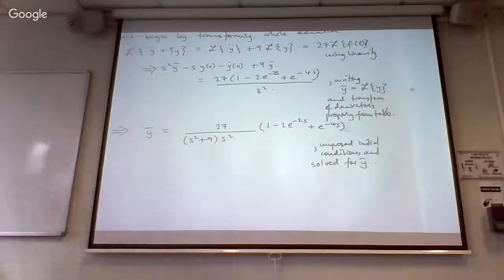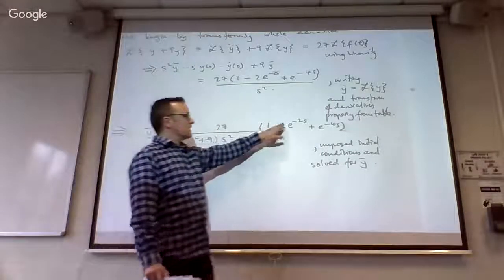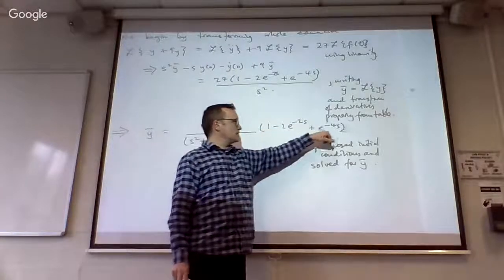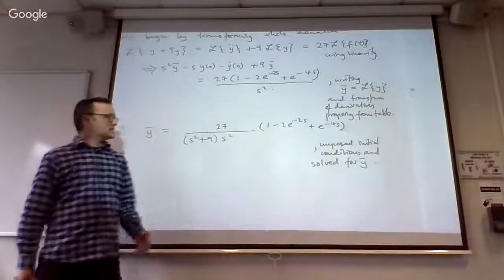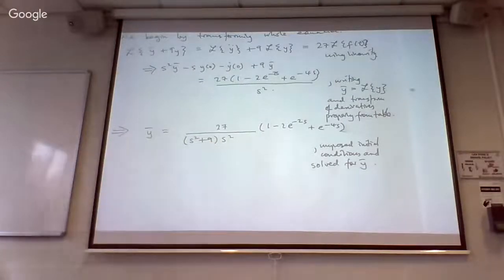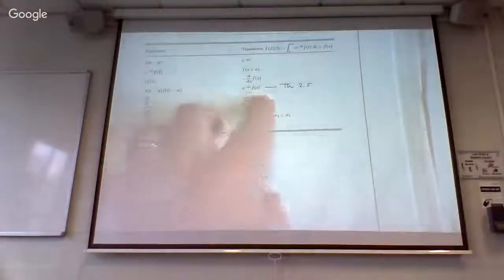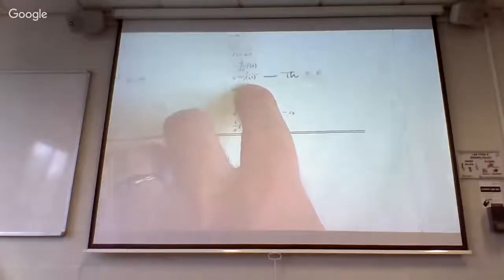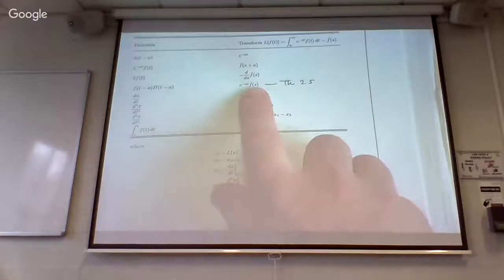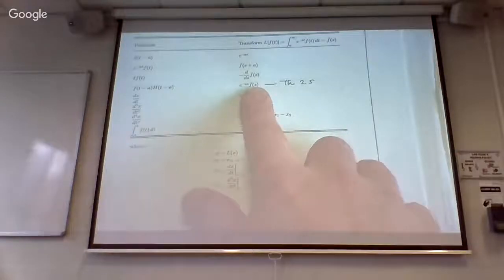But the structure here is you've got these various exponentials, the trivial exponential 1, and then these other exponentials. You've got those various exponentials multiplied by this function of s. So what's going on there is we've got many instances of this expression here: some exponential multiplied by a function of s, multiplied by a certain Laplace transform, that 27 over s squared plus 9 times s squared.